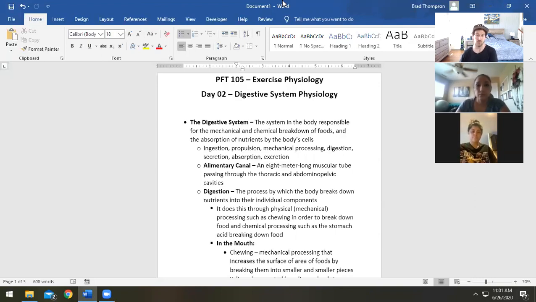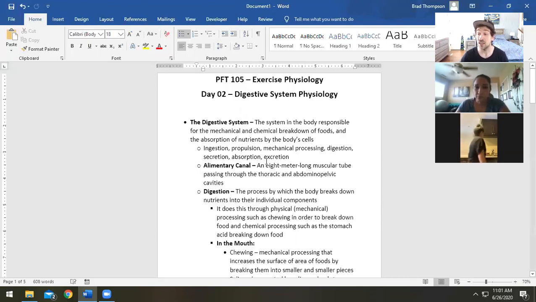Just remember anaerobic versus aerobic: with oxygen, without oxygen. And from yesterday, remember metabolism is all of it. Anabolism is building it up. Catabolism is breaking it down. And then all the basic stuff of today: digestion versus absorption, and your three main macronutrients.